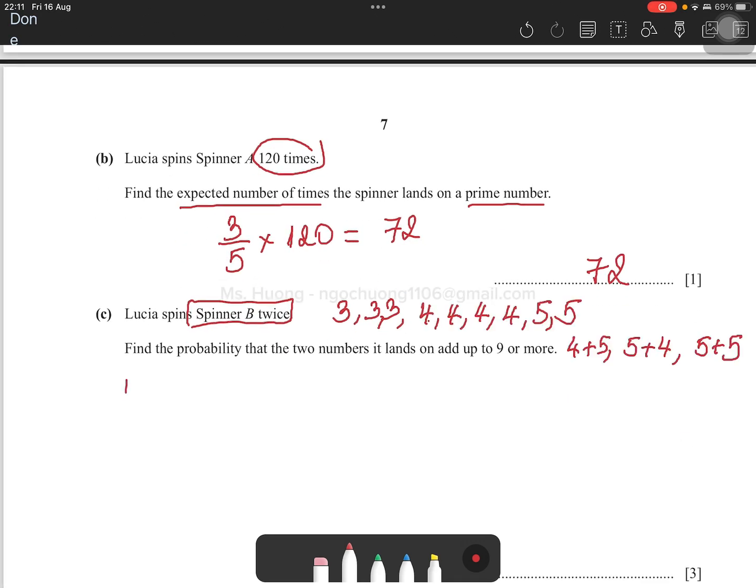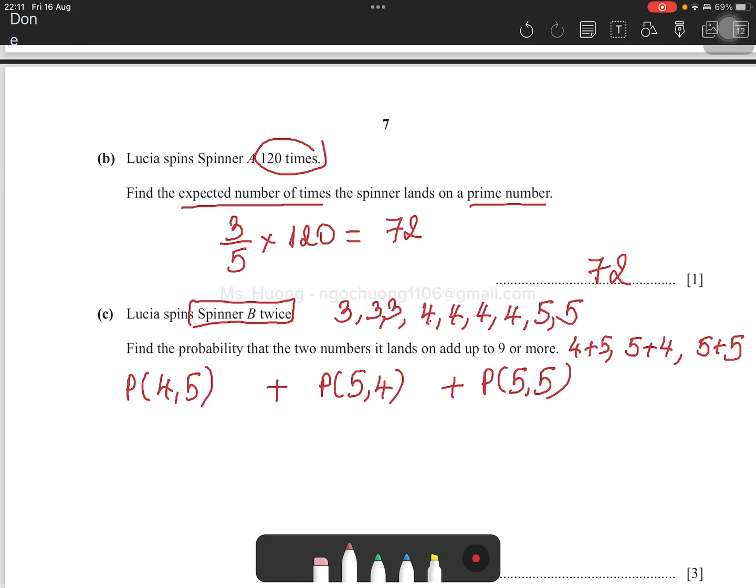So let's work out the probability of 4, 5, and then we add the probability of 5, 4. And finally, we add the probability of 5 and 5. To get 4, there are 4 numbers out of 9 numbers.